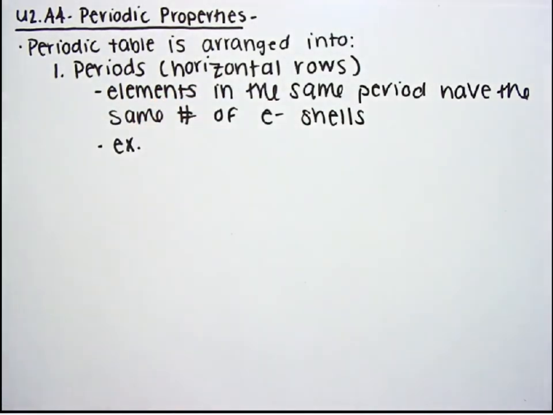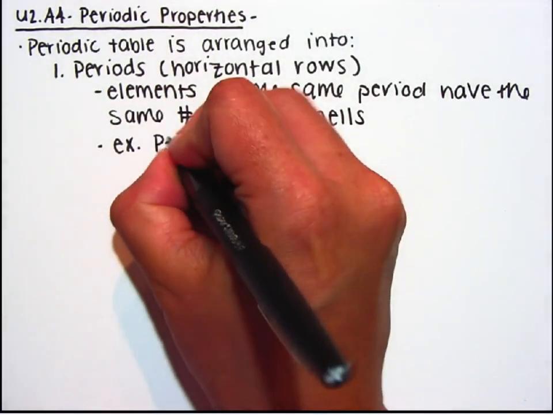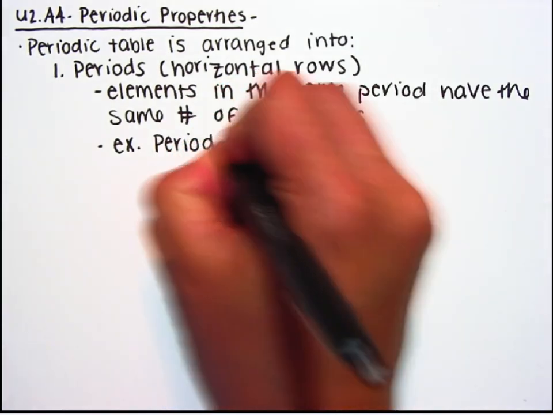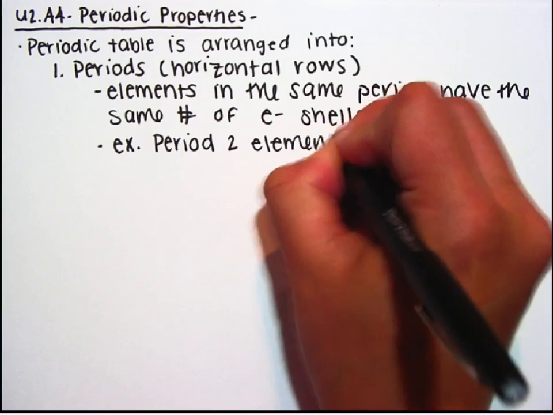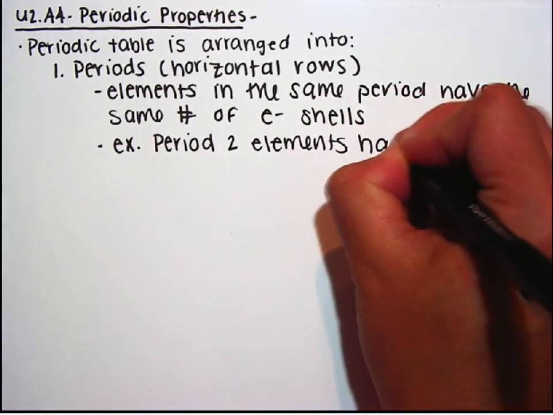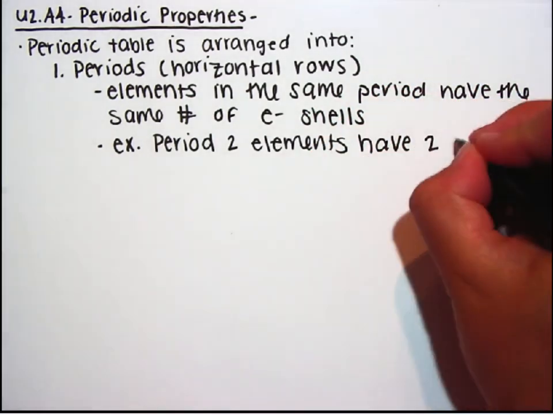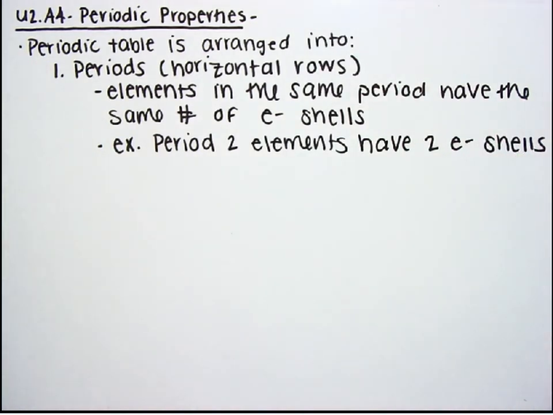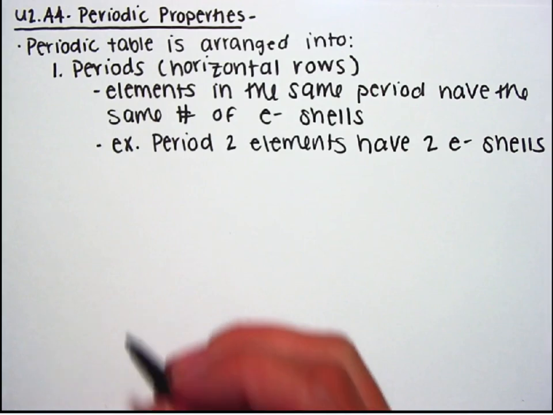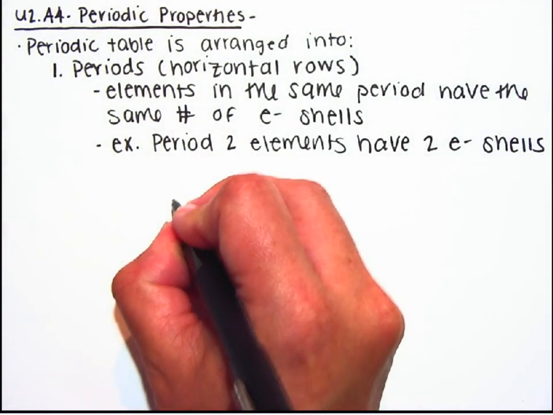So if we were to look at elements in period 2, they would have 2 electron shells. And we can see this if we were to draw out our Bohr diagrams.